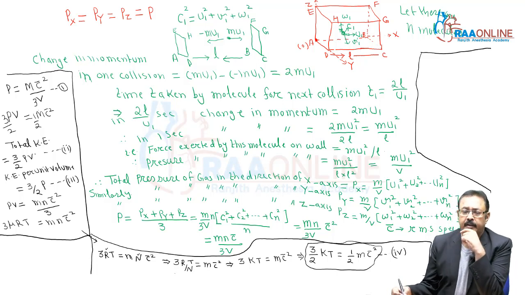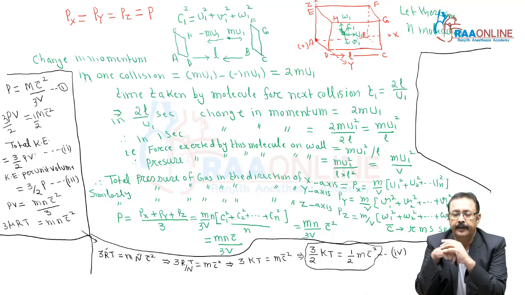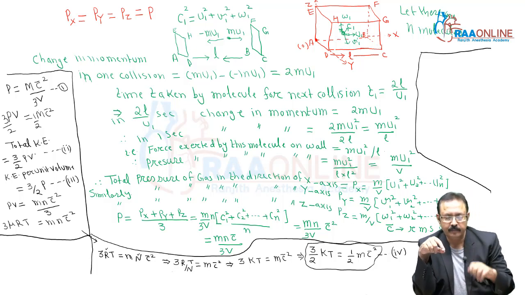So what is it? M is the mass of one molecule. It means the kinetic energy of one molecule is 3 by 2 kT. Kinetic energy of the whole gas is 3 by 2 PV, but for one molecule, kinetic energy is 3 by 2 kT.